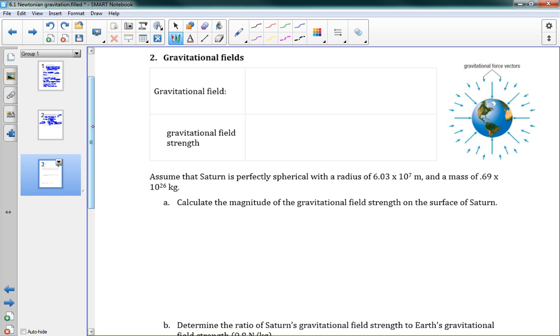Okay, so we'll go on to the last page here, gravitational fields. What is a gravitational field? Well, you probably saw this in grade 11 as well, talking about force fields in general.